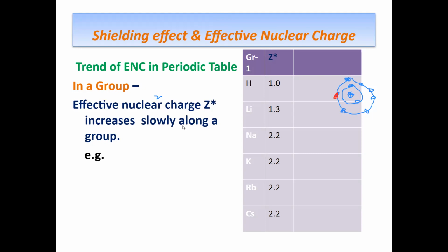This is the example. Understand? Yes. So this is the effective nuclear charge trend, or periodicity.